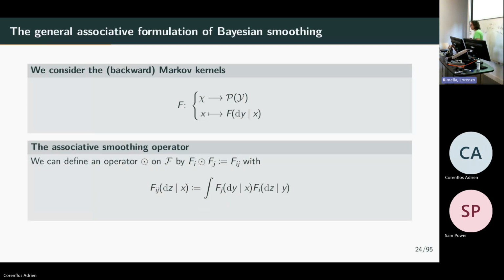When you have that, it's immediate to see that this is associative. Everybody's convinced that that operator is associative? Yeah, cool. The reason is that if you marginalize one step, then another one, it doesn't matter when you're doing it.